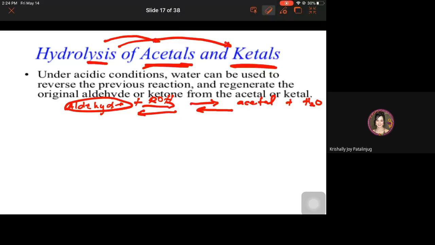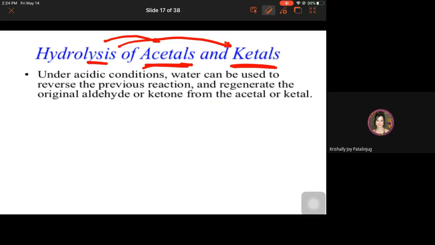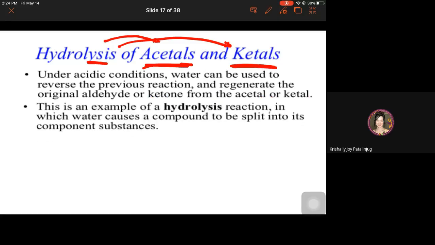Okay, so let's have first the acetal. You're familiar with it, it is the product of the addition of alcohol to aldehyde. If we want to reverse the reaction, then we add water to the acetal.